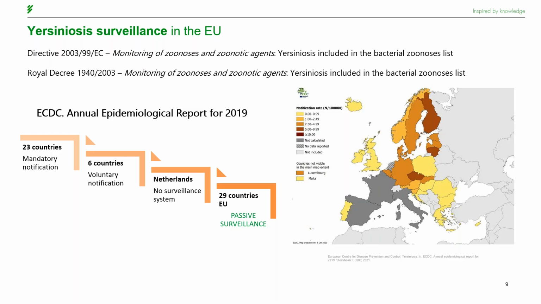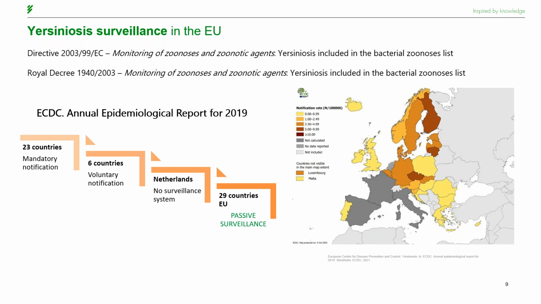According to the ECDC report, in 2019 the data for yersiniosis was reported from 29 countries. Among these, it should be noted that notification is mandatory in 23 of them, while in 6 member states, the notification is voluntary or based on another type of system, such as was the case of the UK at that pre-Brexit time.